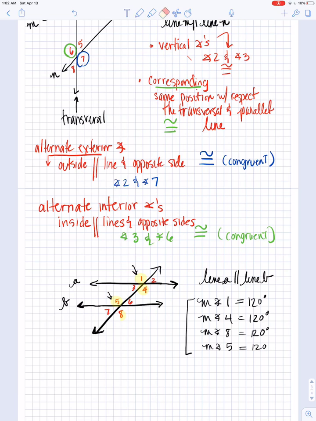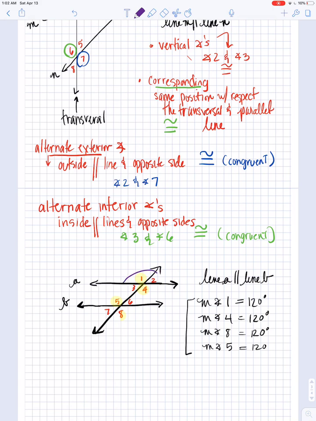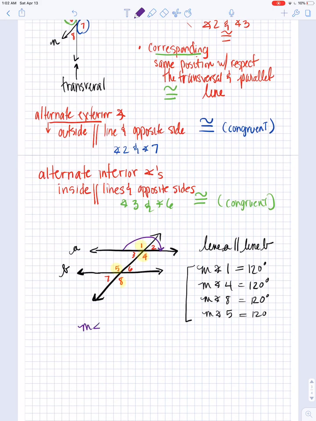Well, we can use our other knowledge. We know that angle 1 and angle 2 together are creating a straight line. So angle 1 and angle 2 are supplementary. So the measure of angle 1 plus the measure of angle 2 has to equal 180 degrees. That's what makes them supplementary. So we have 120 degrees plus the measure of angle 2 is equal to 180 degrees.